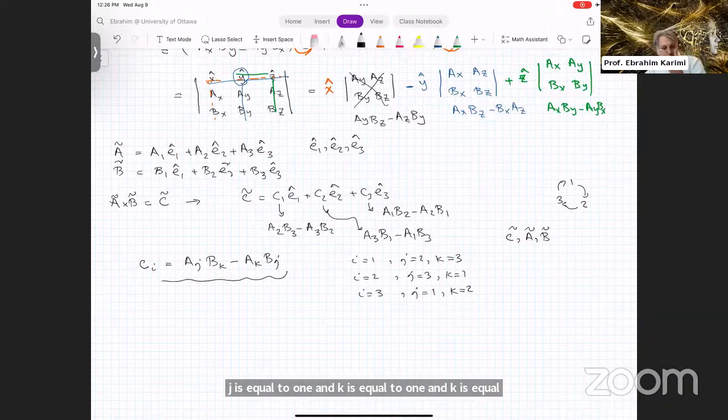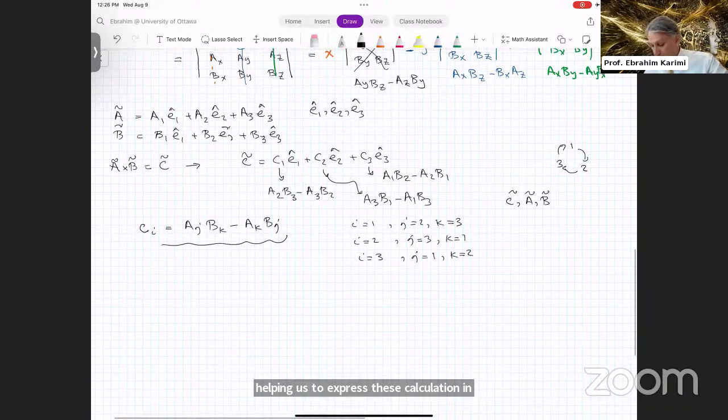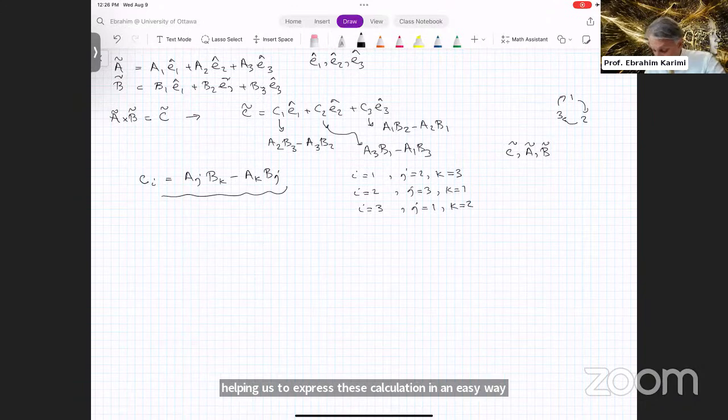So an Italian mathematician introduced a notation which is extremely compact and helps us express these calculations in an easy way. And of course, it's named after him, the Levi-Civita notation.